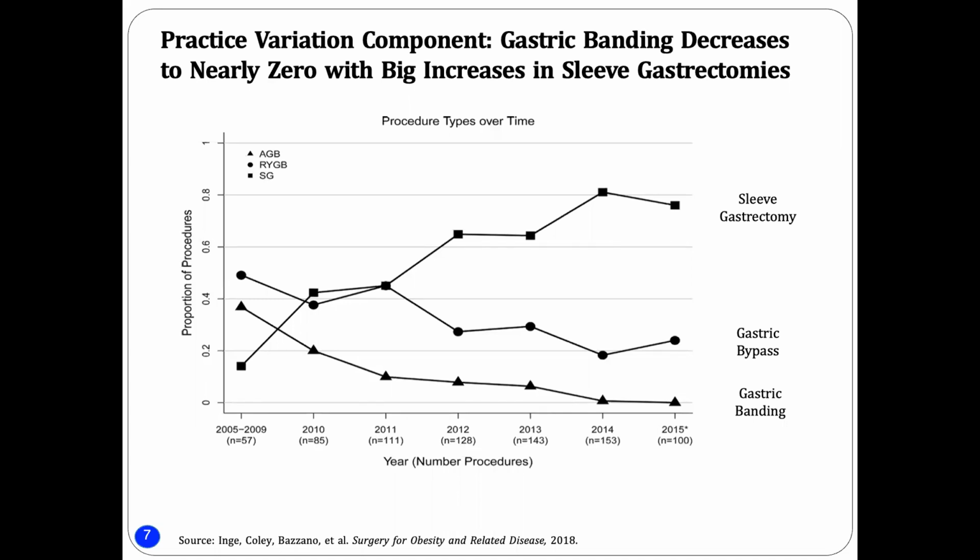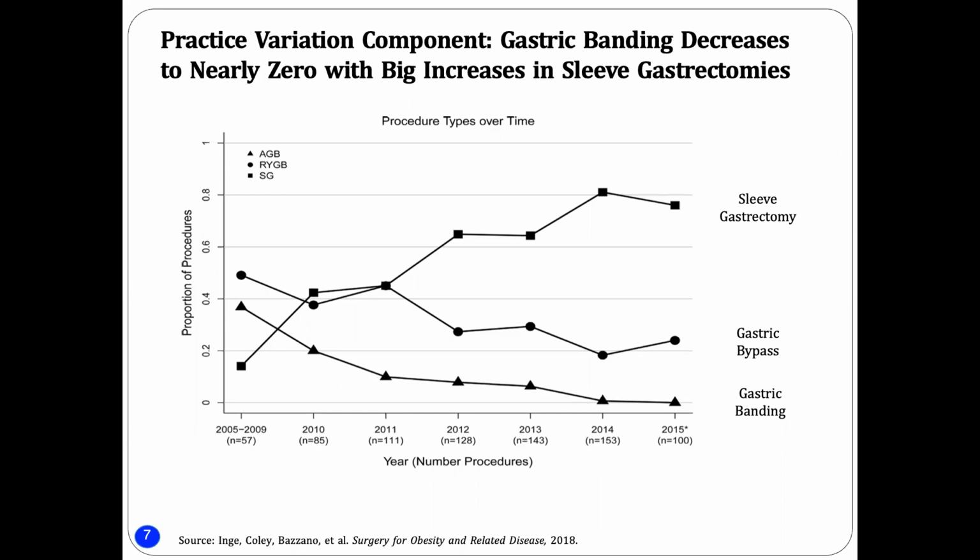Here, what you're seeing for adolescents is the proportion of all cases that were assigned to one of these three categories. And by 2011, sleeve gastrectomy accounted for the majority of the bariatric surgeries.